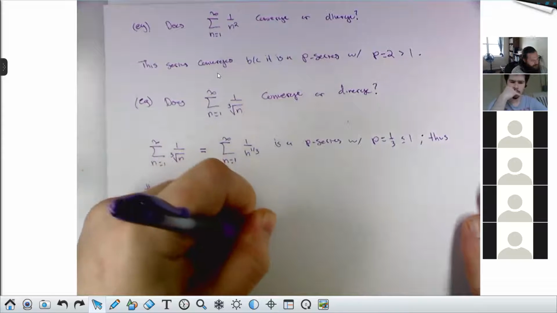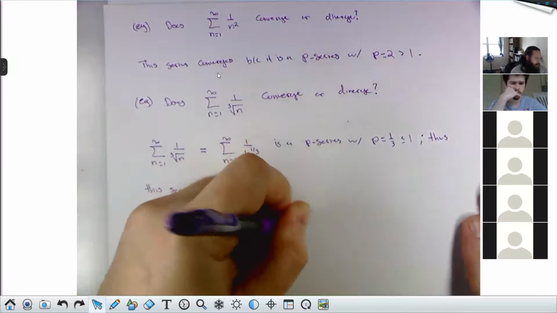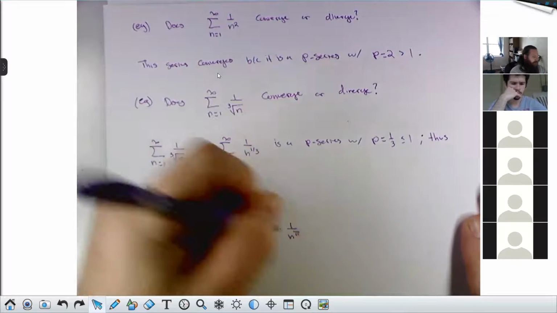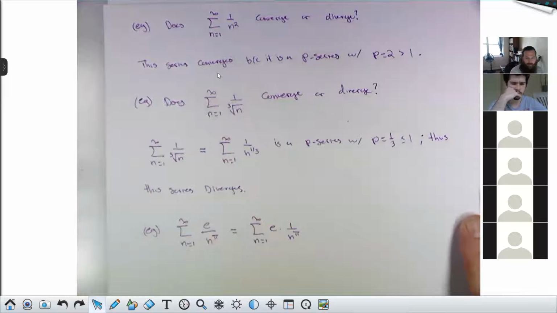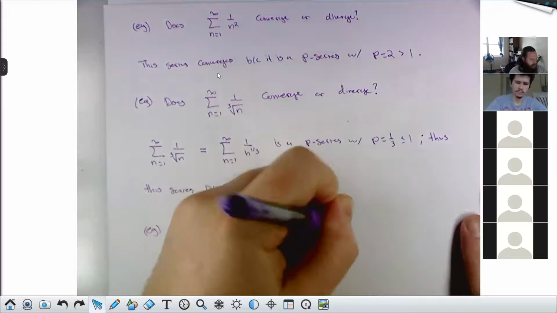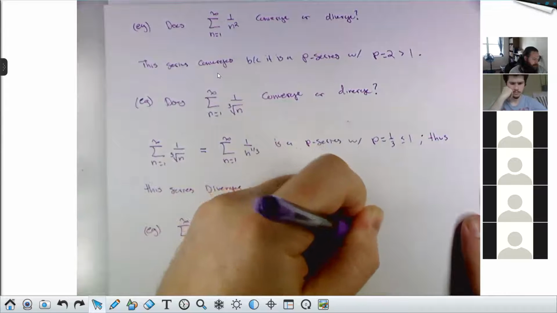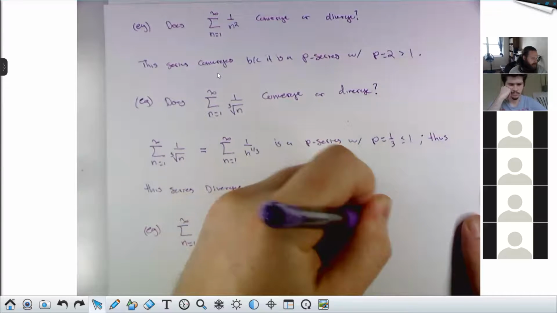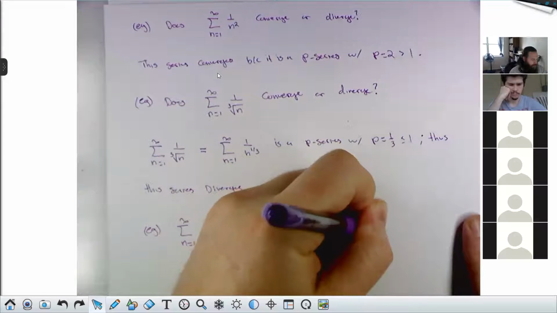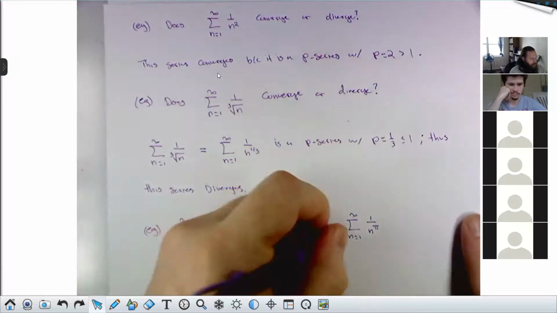This is sigma n from 1 to infinity, e times 1 over n to the pi. First, we realize this algebra is possible. And then e being a constant, it can come out of the series. Remember, this was one of our rules for the algebra of series. So you have e times sigma n from 1 to infinity, 1 over n to the pi.